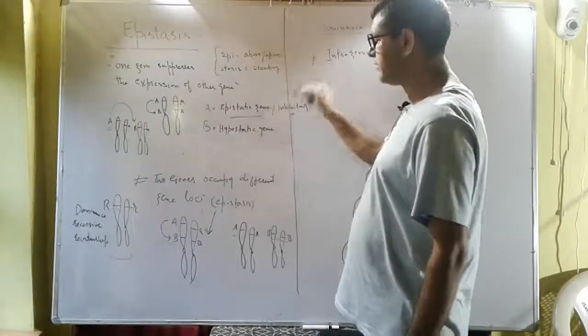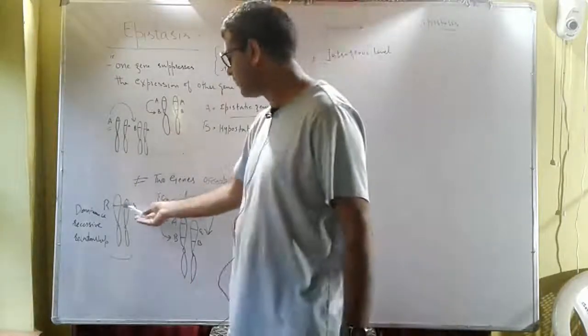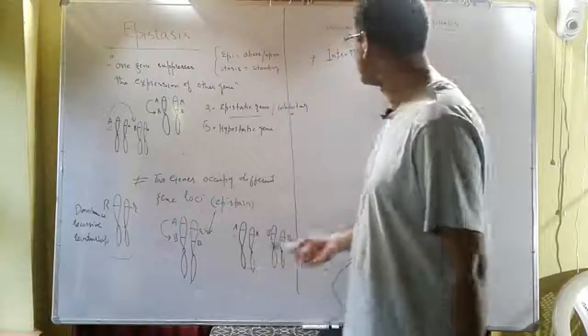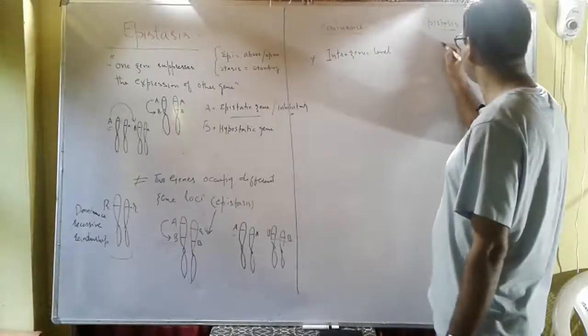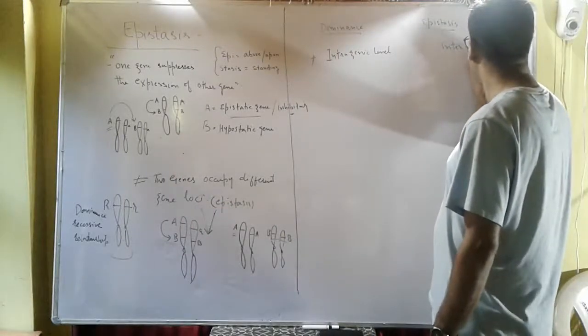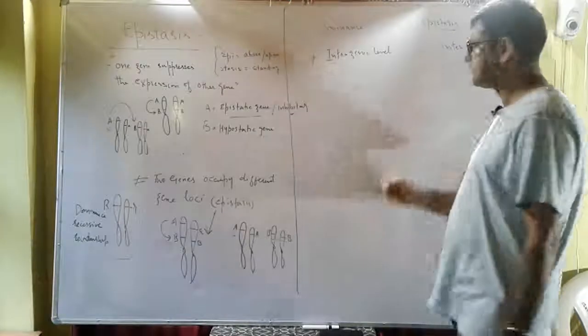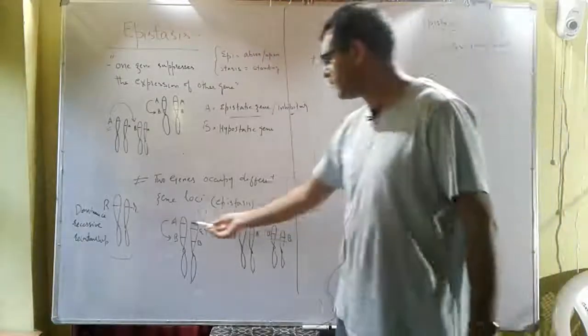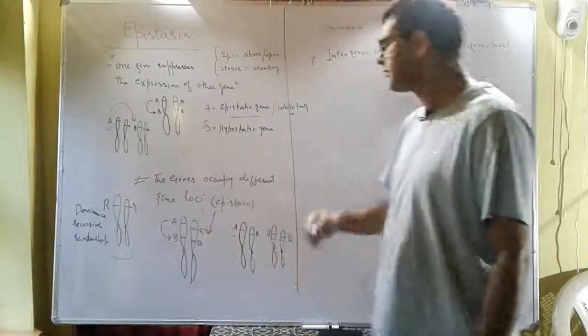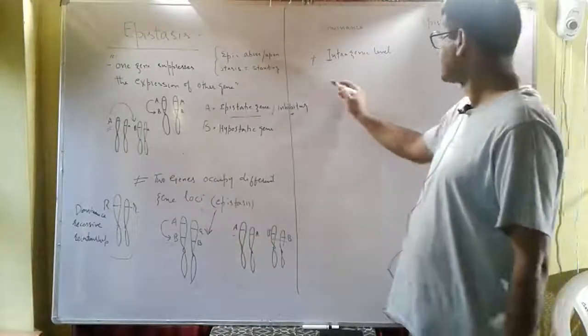That means only one gene is involved in dominance recessiveness. Whereas epistasis works at the intergenic level. That means different genes are involved. This is one gene, this is another gene.